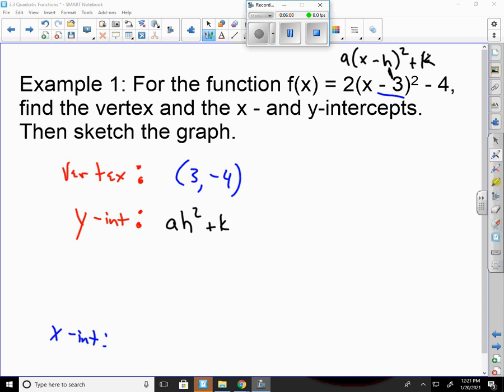So h is 3 and k is negative 4. Now I'm just plugging those in. a is 2, so it's 2 times 3 squared minus 4, or plus a negative 4, technically. 3 squared is 9, 2 times 9 is 18, so that's 18 minus 4, which is 14. That tells me my y-intercept is 14.